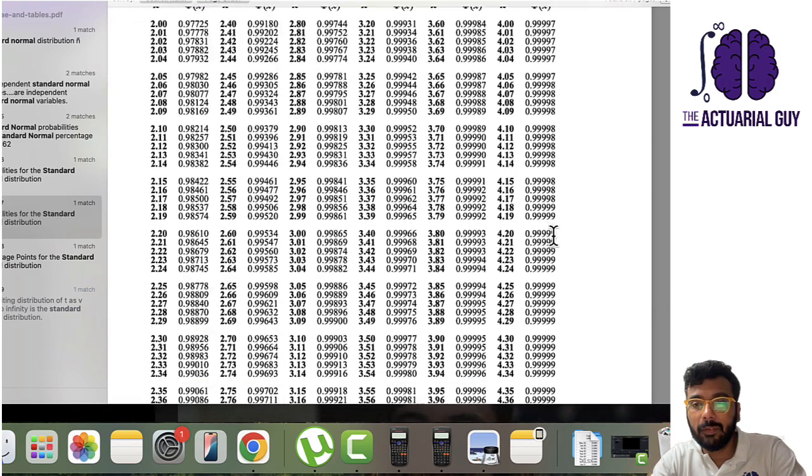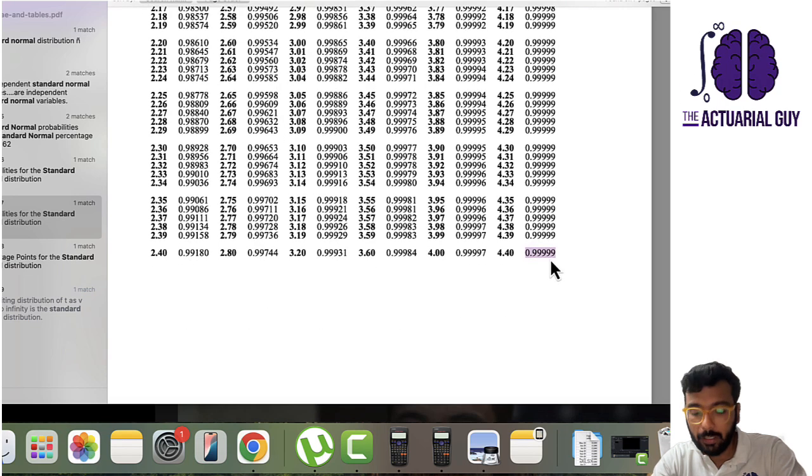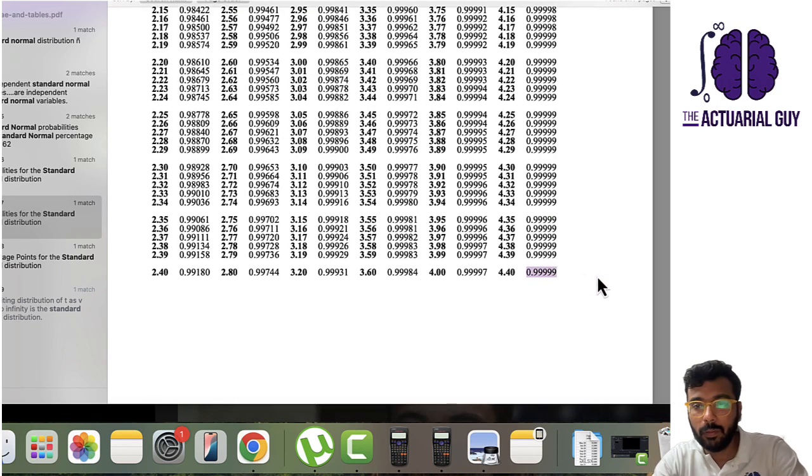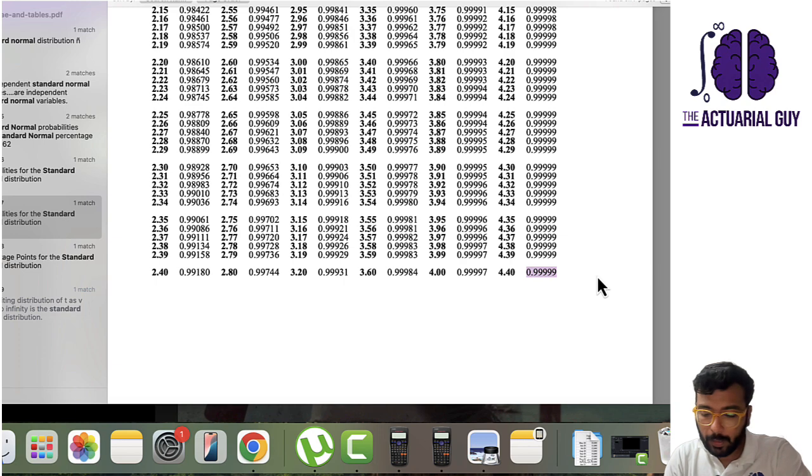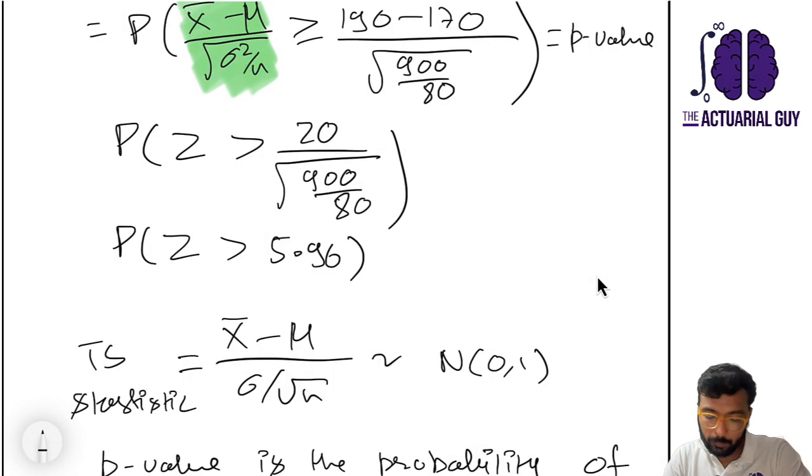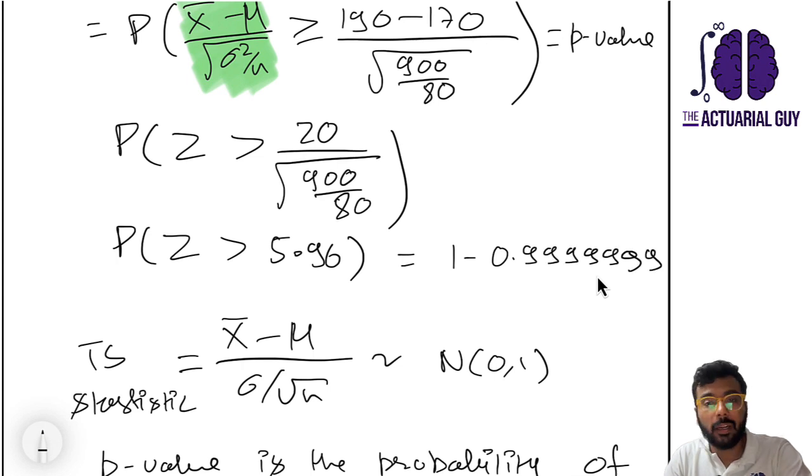The CDF is even larger than 0.999999. That is the less than or equal to probability, so the greater than probability will be 1 minus 0.999999, and it will keep on going.